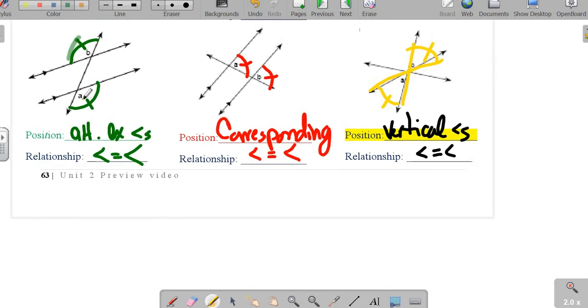These are alternate exterior, and when lines are parallel, they are of equal measure. These are corresponding. One's in, one's out, same side, and when lines are parallel, they are of equal measure. These are vertical angles, also known as cat whisker, bow tie angles. They are always of equal measure.